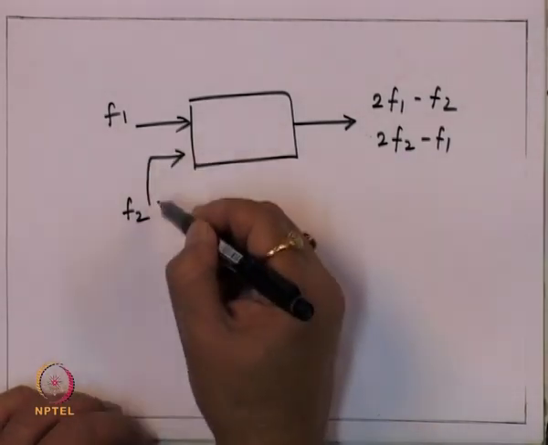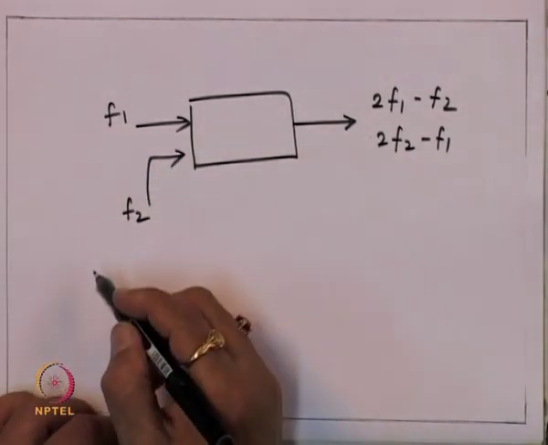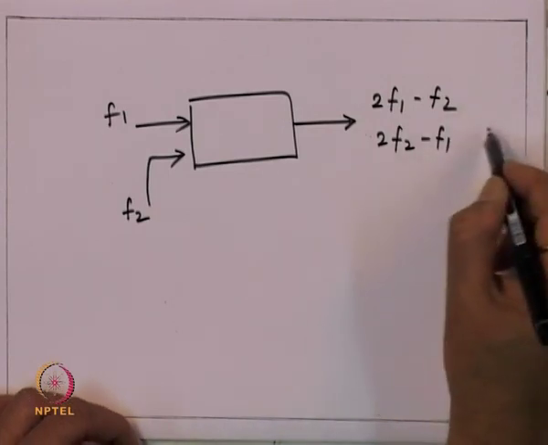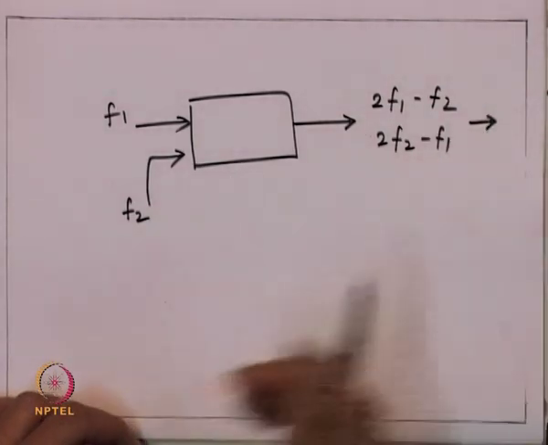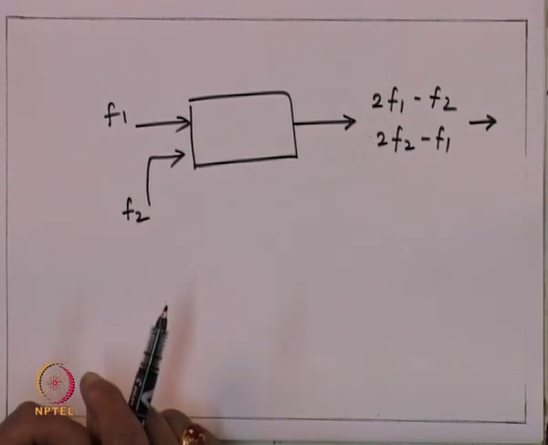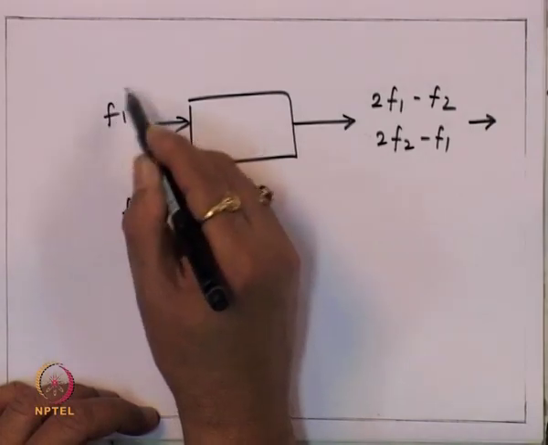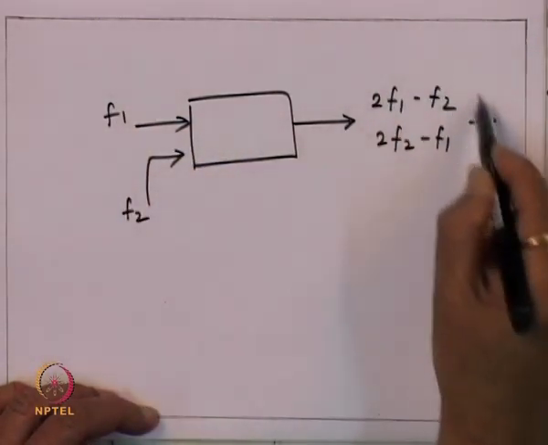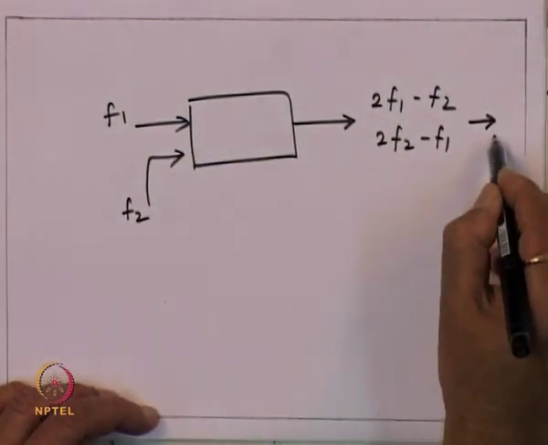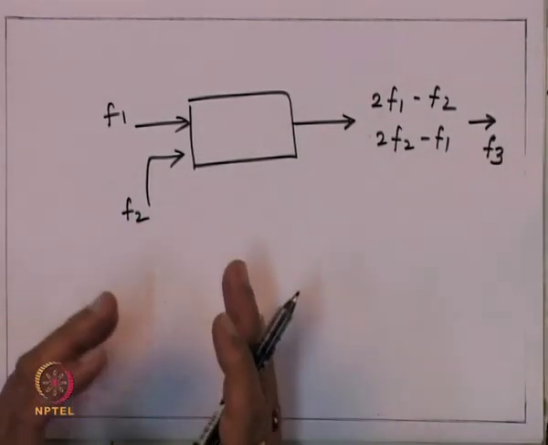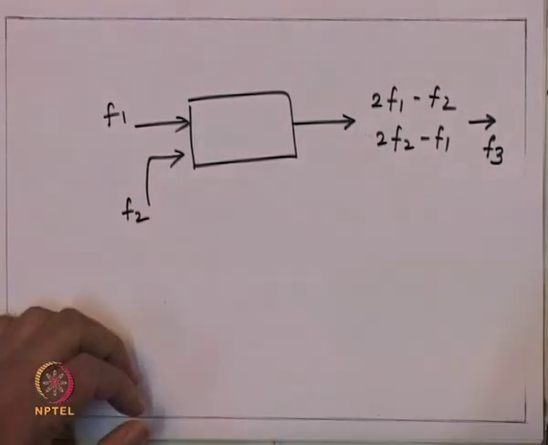So, if I can choose this frequency f2 in such a way that any of these two frequencies matches with the frequency in which you are interested for the next path, the signal data which is riding on this frequency essentially can get transferred to another frequency, this f3 frequency. So, this phenomena can be used for the frequency conversion.